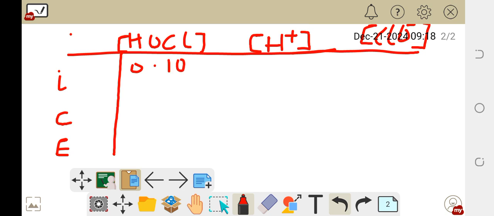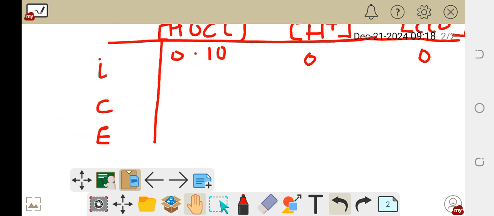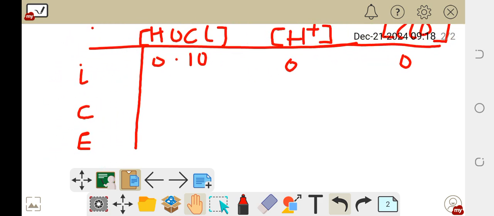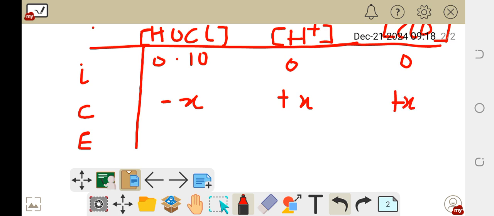And since the acid is very weak, there was no initial concentration of the hydrogen ion and the hypochlorite ion. Then during the change in concentration, minus X has disappeared here, plus X has appeared here, plus X has appeared here.